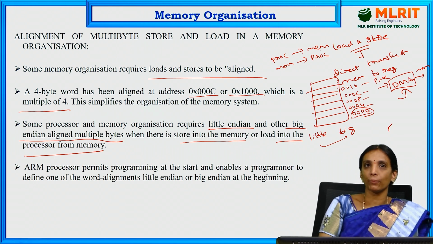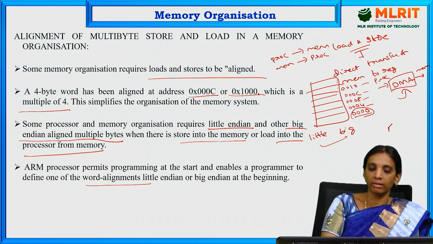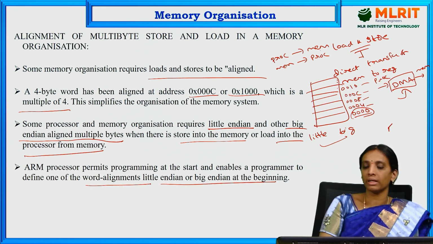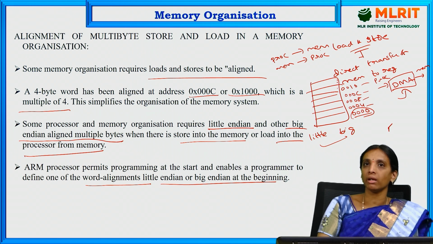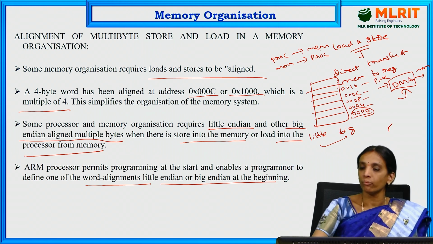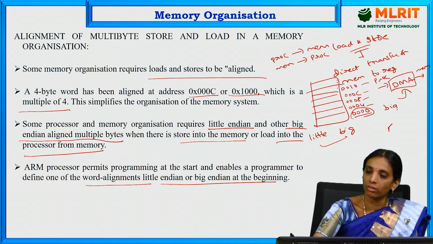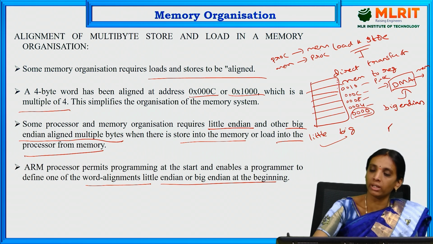It permits programming at start and enables a programmer to define word alignments, either little endian or big endian, at the beginning. That means in the beginning of the main program, at the beginning of execution, the programmer needs to indicate to the processor whether it will follow big endian or little endian mode.